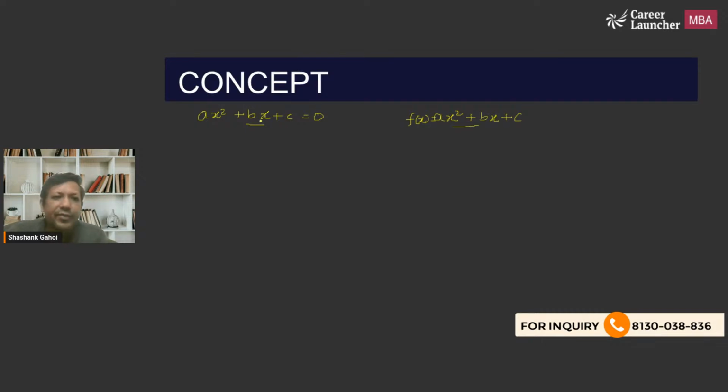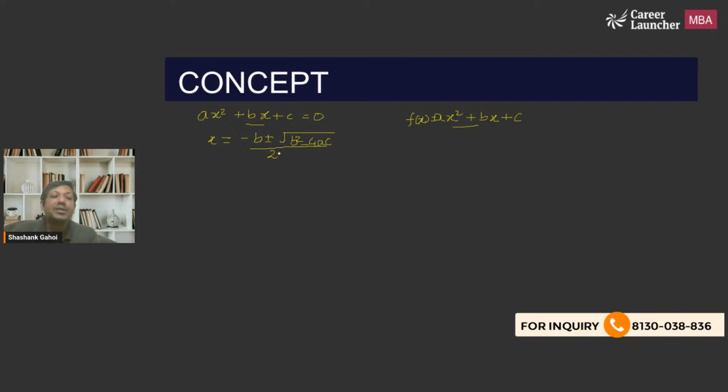We have already seen the roots of a quadratic equation: the value of x is x equal to minus b plus minus root of b square minus 4ac, divided by 2a. A quadratic equation has the highest power of x as 2, so it is a function of second degree.